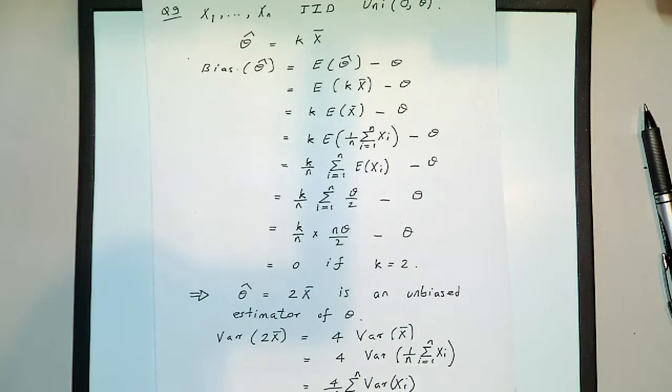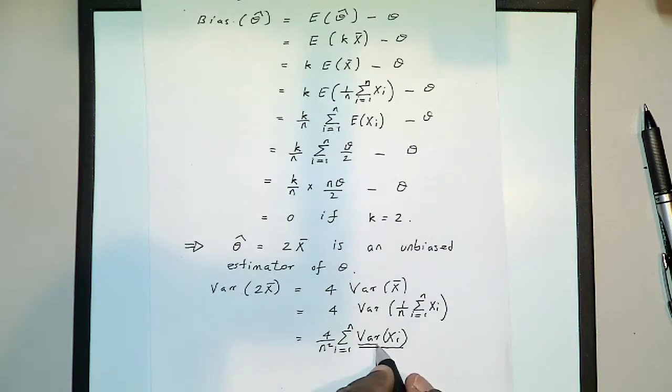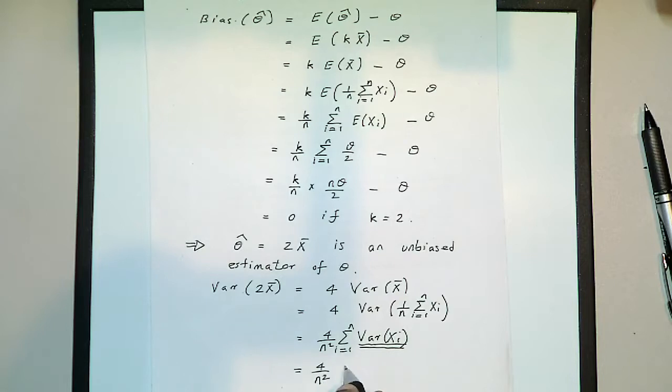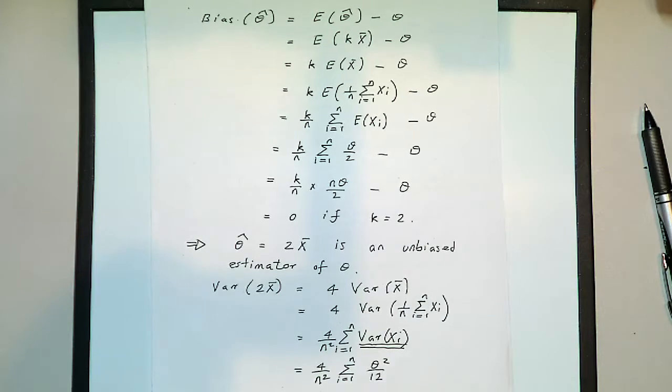Now once again, I hope you remember the formula for the variance of a uniform, which is b minus a squared divided by 12. So in this case, it will be theta minus 0 squared divided by 12, which will be theta squared divided by 12, right?